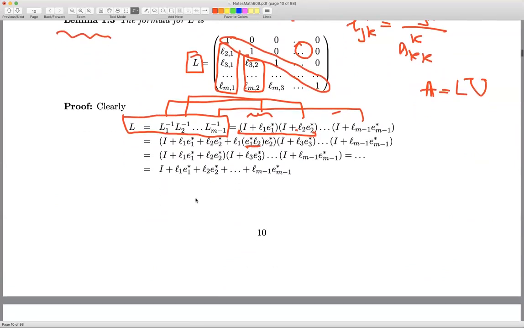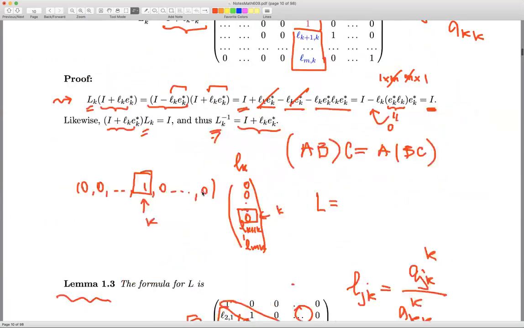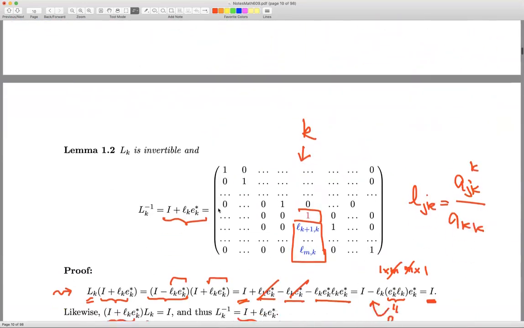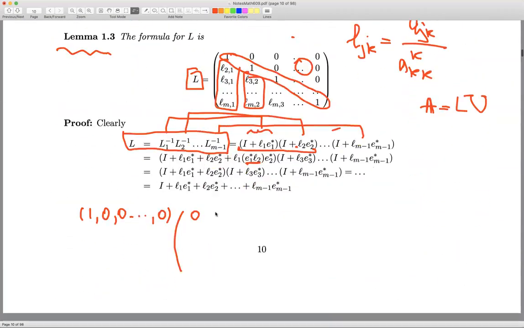If we put the parenthesis here, what is the vector E1? The vector E1 transpose is 1, 0, 0, and so on. And what is the vector L2? The vector L2 is 0 in the first position. And if you look carefully, what was the vector LK? We have 0 at position K, so it will be 0 also at position 2.